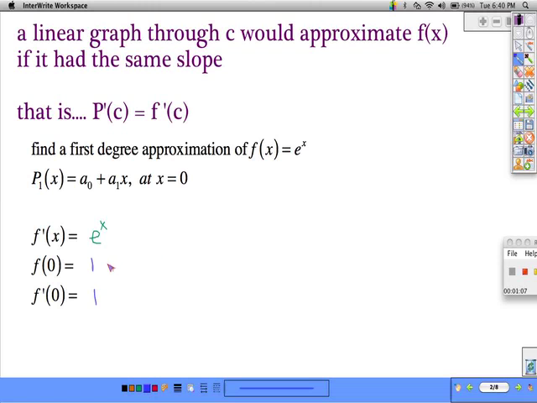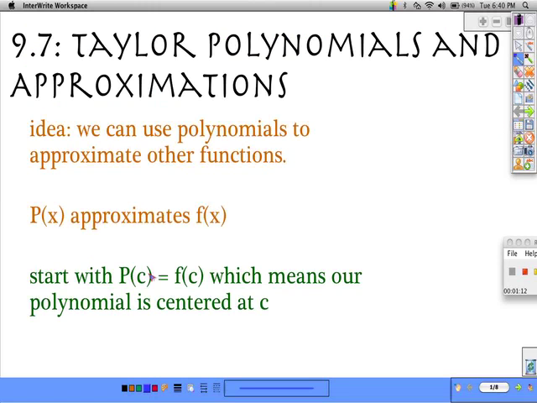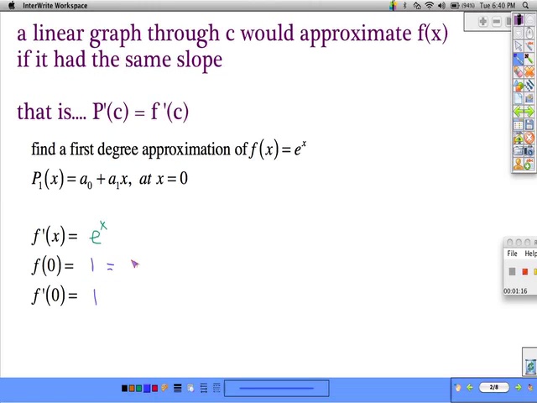If I'm saying that the function is equal to my polynomial at c, I'm saying that this is going to equal a sub 0 plus a sub 1 times 0. My function, e to the x, has to equal the polynomial when they're both evaluated at 0.